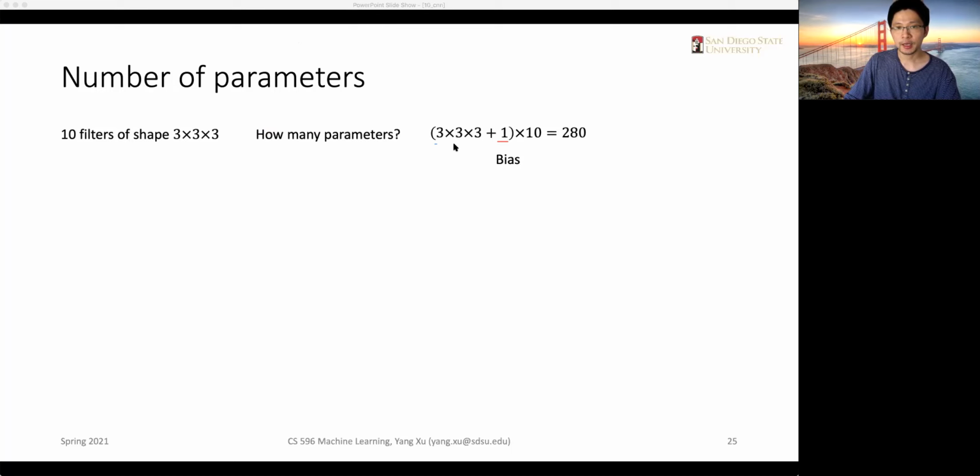First of all, everything in that filter is parameters, so there are 27 parameters in one convolutional filter, and then we need to add 1 because that is the b that we add to each filter. Because we have 10 filters, there should be a times 10 outside the parenthesis. If you put this together, there will be 280 parameters.